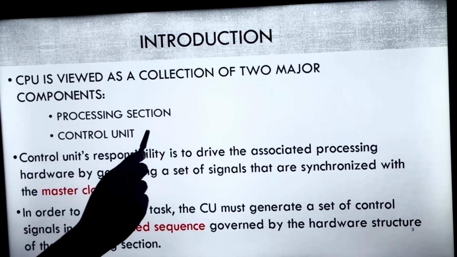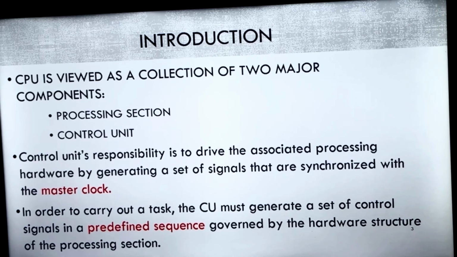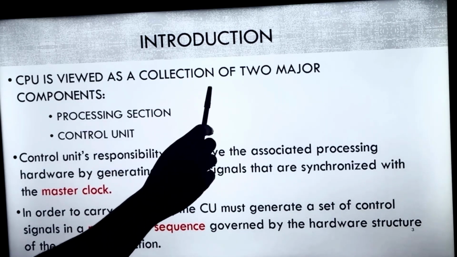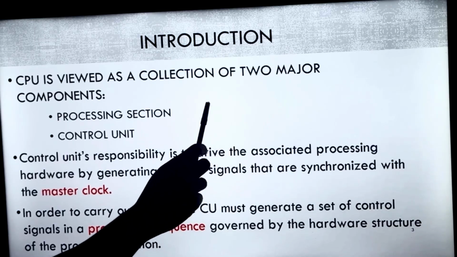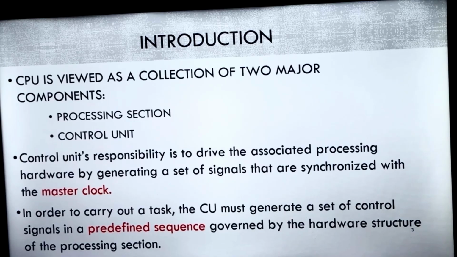Status information means the information which tells you about the hardware where you are going to operate, whether it's functioning or not, whether it's busy with some other work or not. It's a kind of status. First is master clock, second is status information, and the third one is command signal.